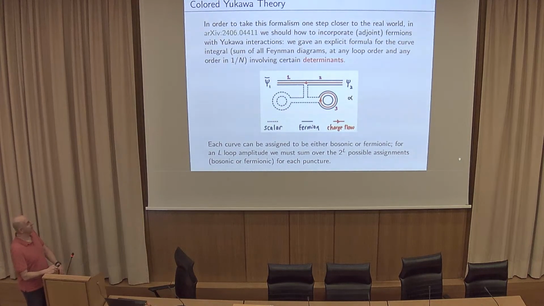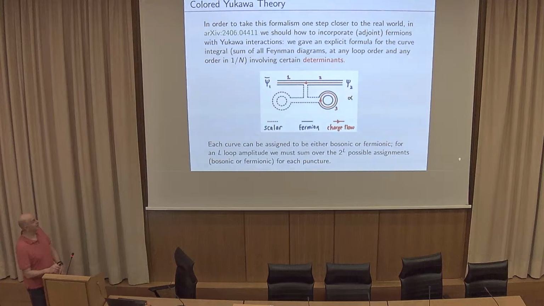And what you need to do is generalize your curves and surfaces so that you can allow surfaces that have either bosonic or fermionic boundary components. It's natural to think of these surfaces as living in superspace, but let me not emphasize that.